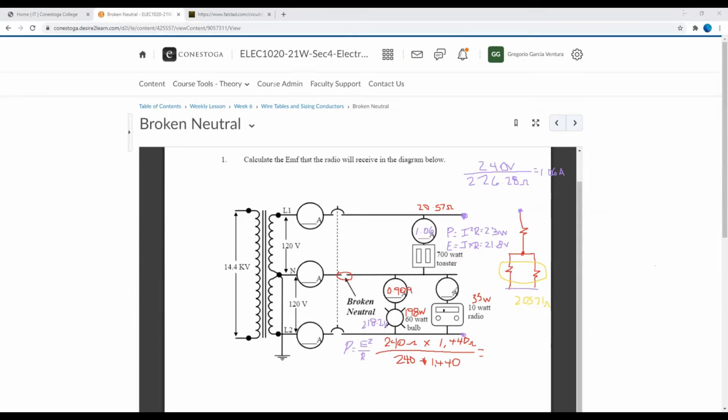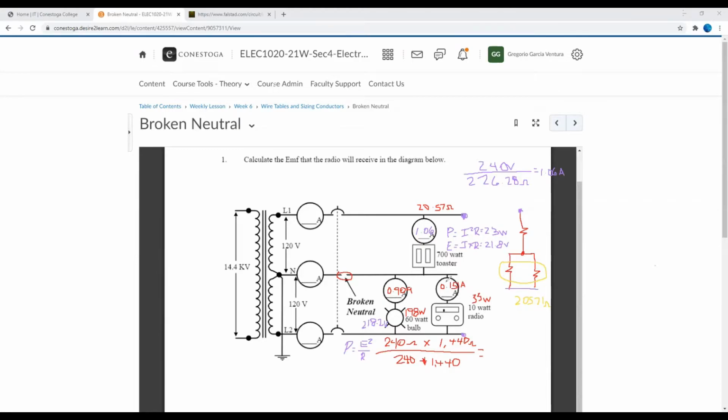While on this one here, same thing. It's going to be our 218.2 volts divided by the resistance, which is 1440. So that's going to give me 0.151 amps.